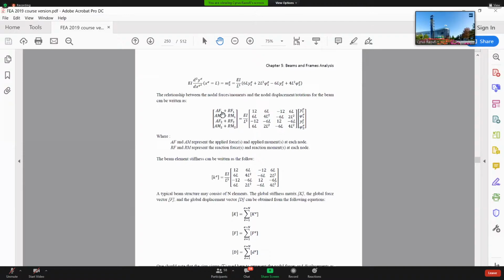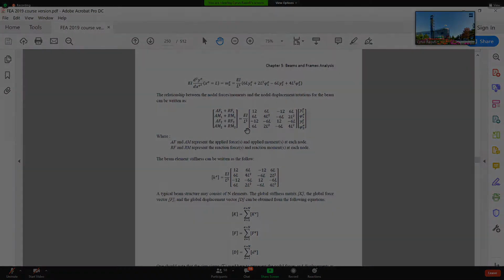In this case, we have F equals K times D. However, this is for an element, meaning that the matrix, which is 4 by 4, times EI divided by L cubed, where the whole parameter is a scalar multiplied to this matrix.